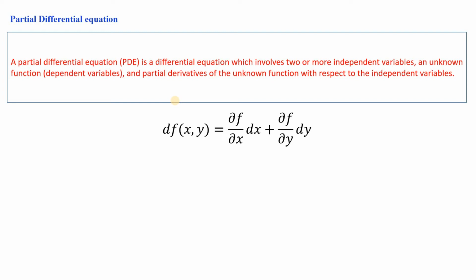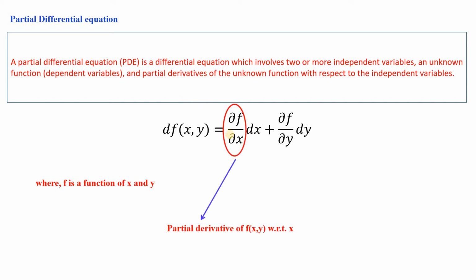Here we are considering f of x, y, where f is a function of x and y, as the unknown function, and x and y are the two independent variables. So any derivative of f can be expressed as the partial derivative with respect to x and the partial derivative with respect to y. These types of equations are called partial differential equations.